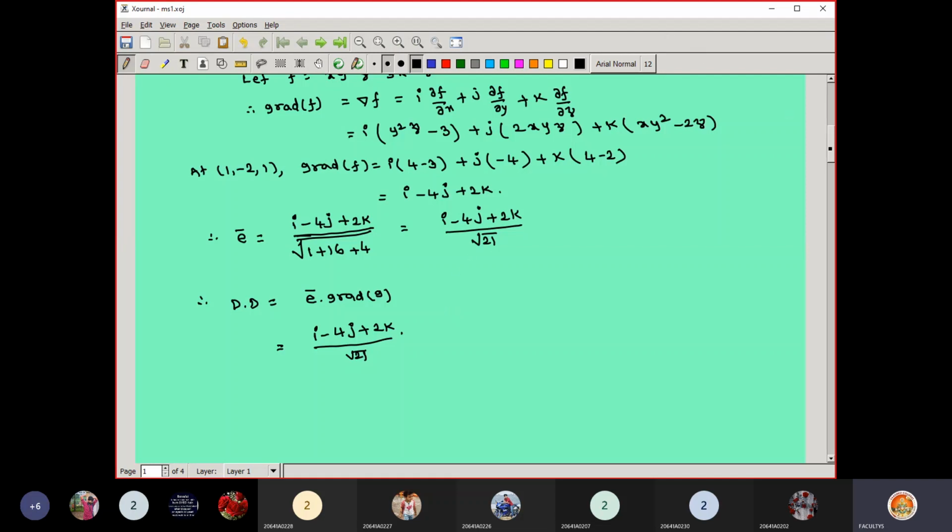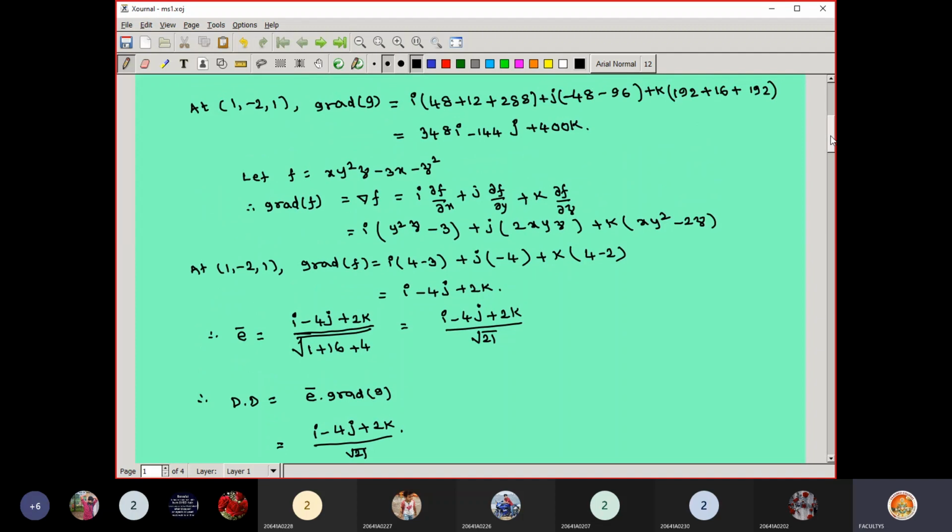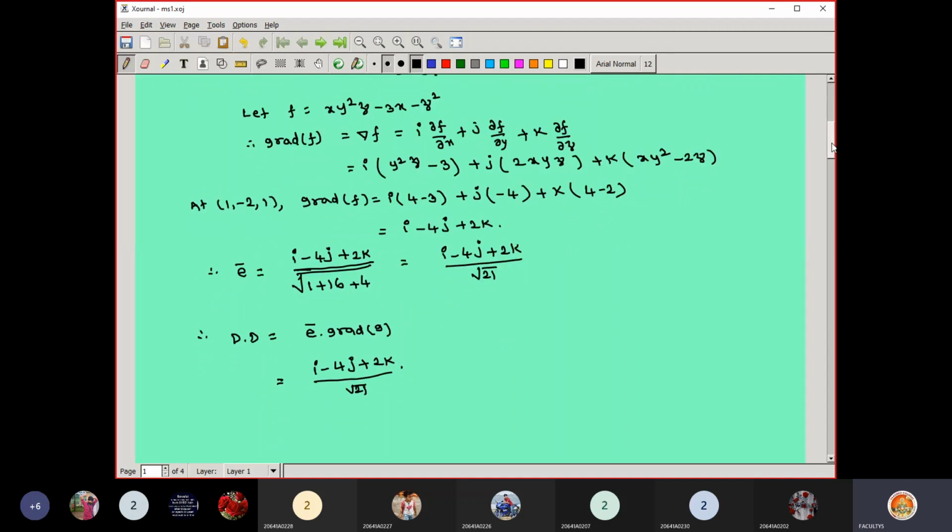What is the gradient of g value we have calculated? It is 348i. So you are writing 348 i minus 144 j and plus 400 k. Just substitute that value.